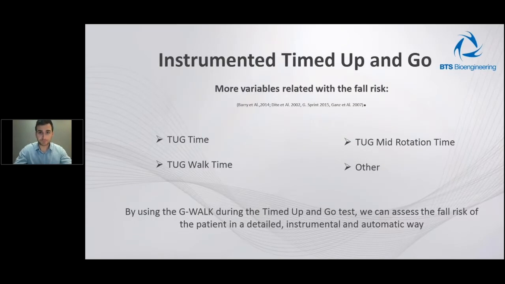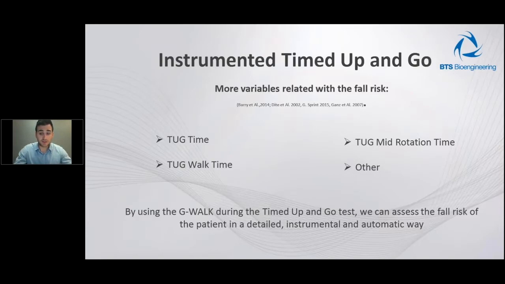For example, many variables that could be obtained using the GWALK are related to the risk of fall. For example, the Timed Up and Go walk time, the Timed Up and Go mid rotation time, or other variables. So, by using the GWALK during the Timed Up and Go test, we can assess the patient risk of fall in a detailed, instrumental, and automatic way.